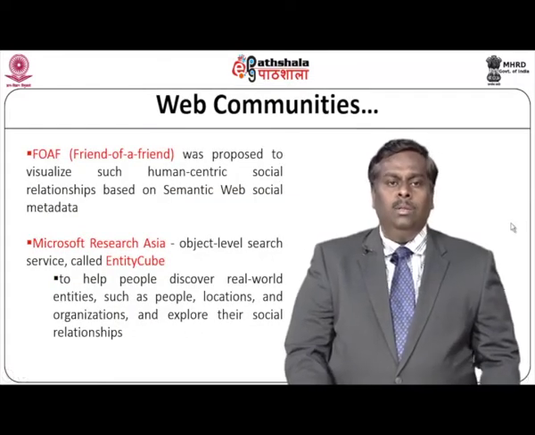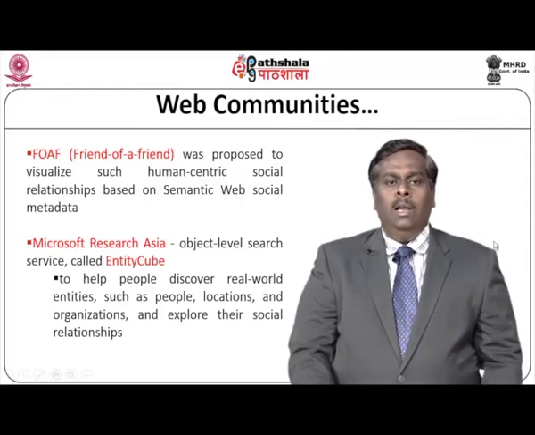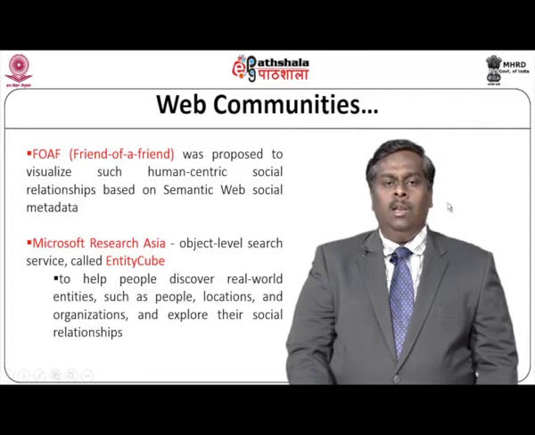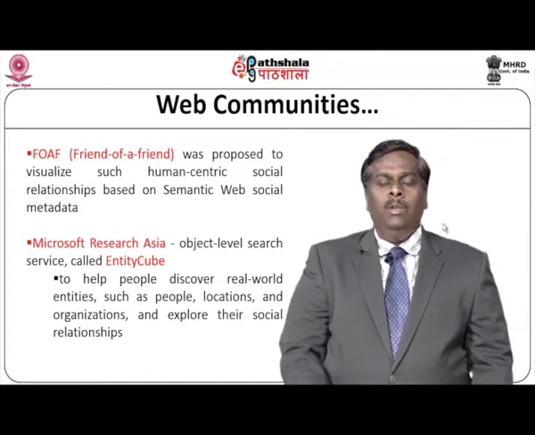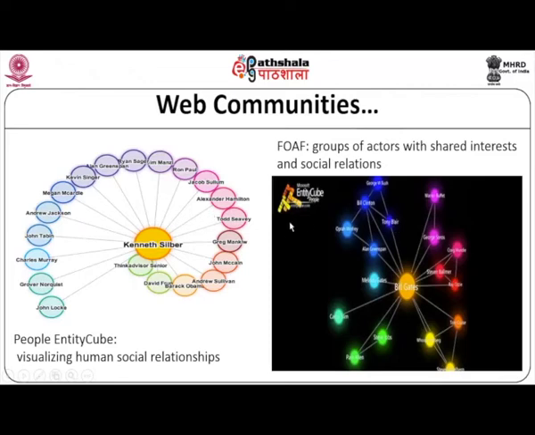There is also the friend of a friend way by which you can visualize, and Microsoft has introduced Entity Cube, which is an object level search service for visualizing social entities. The two diagrams given here are the outputs of Microsoft's Entity Cube, wherein different individuals are represented using a circle, and the shades given to the circle highlight the different context.